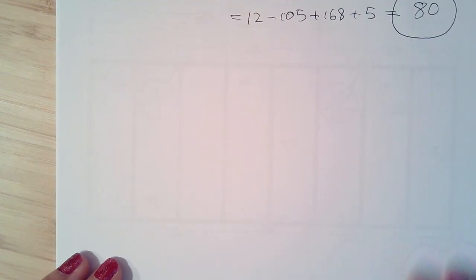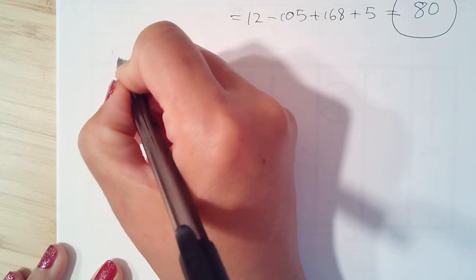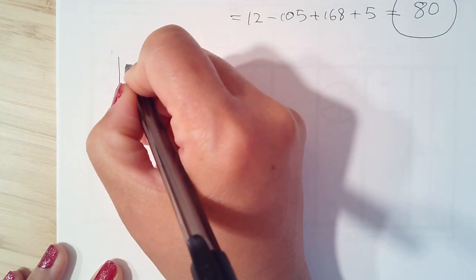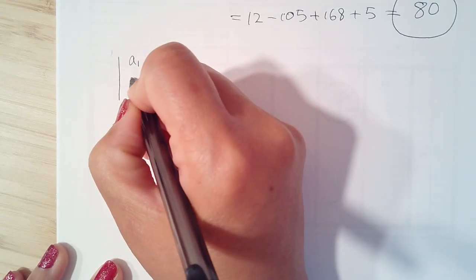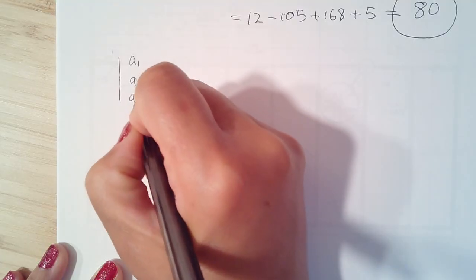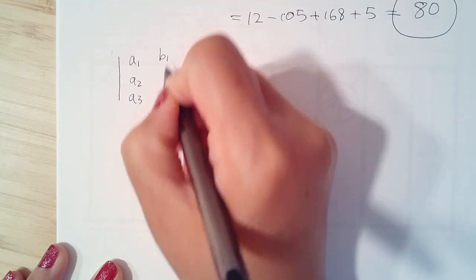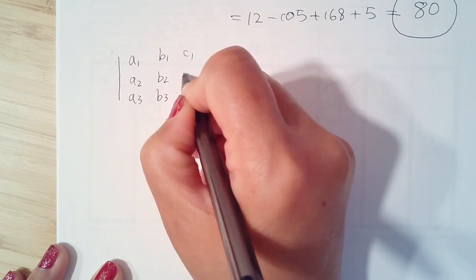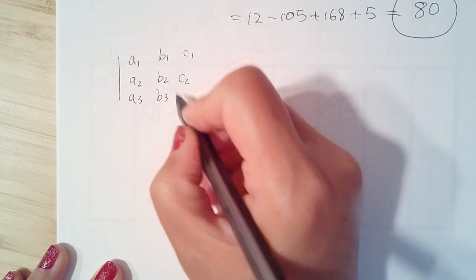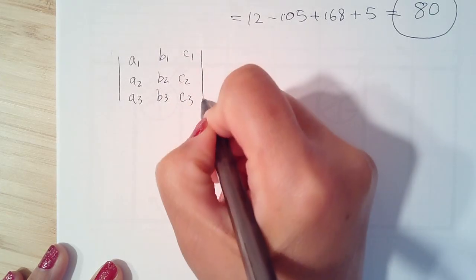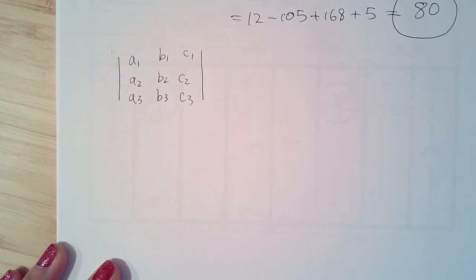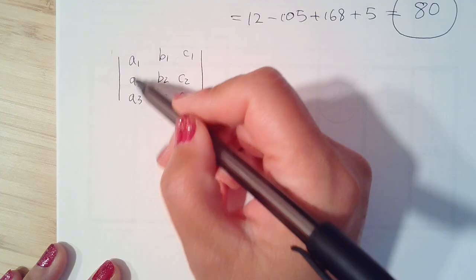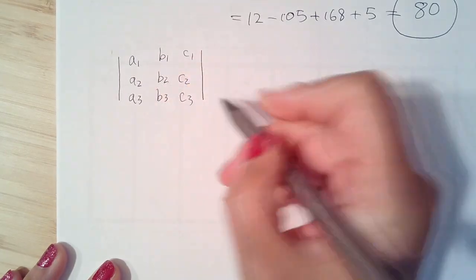Okay. There's another way. Let me just introduce it just in case, okay? So if you have A1, A2, A3, B1, B2, B3, and C1, C2, C3, another way to do that is you can expand by, let's see, the first column.